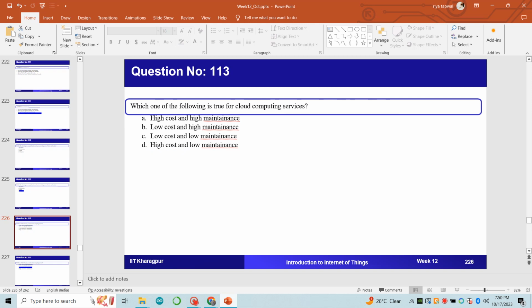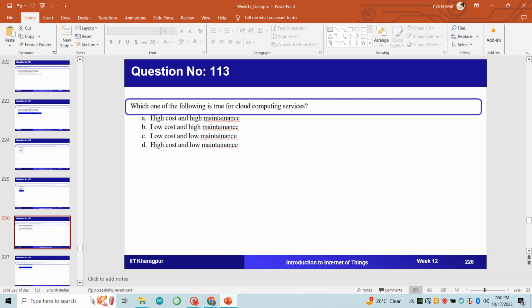Next question is, which of the following is true for cloud computing services? Options are high cost and high maintenance, low cost and high maintenance, low cost and low maintenance, high cost and low maintenance. Low cost and high maintenance.